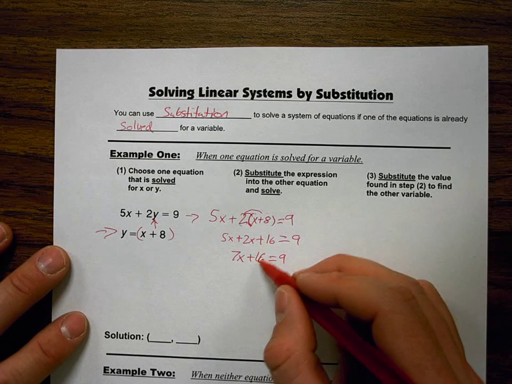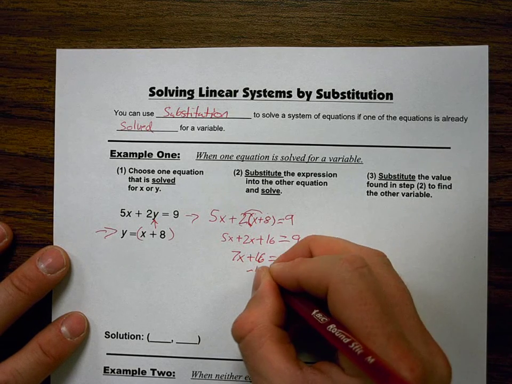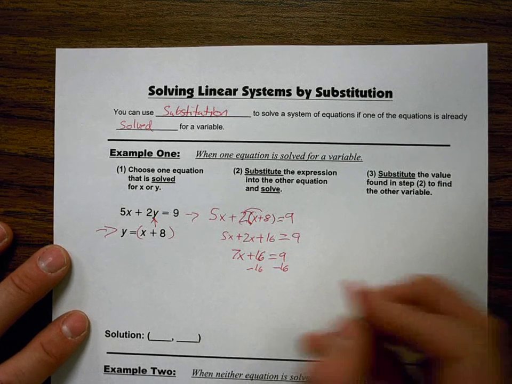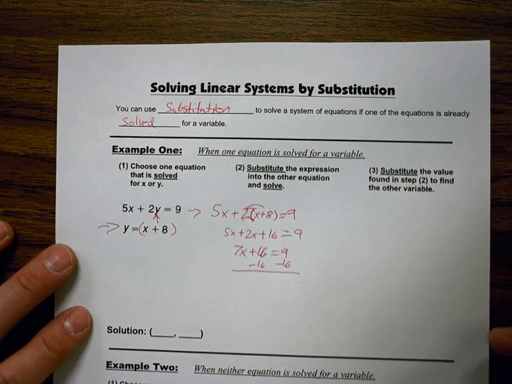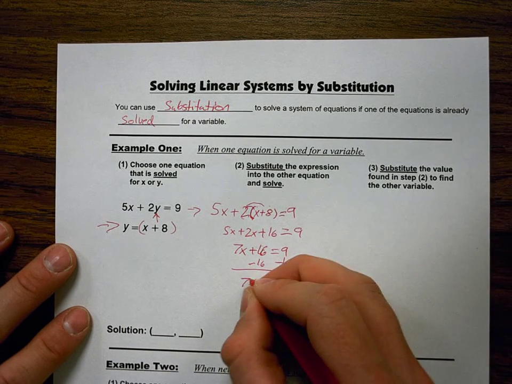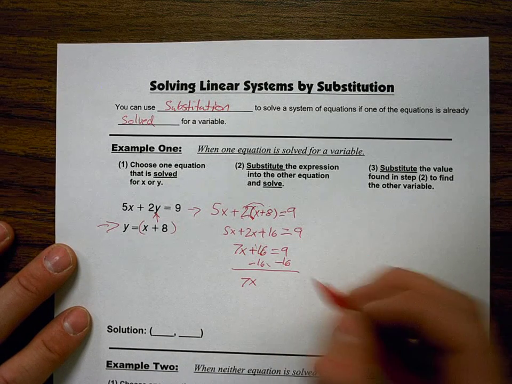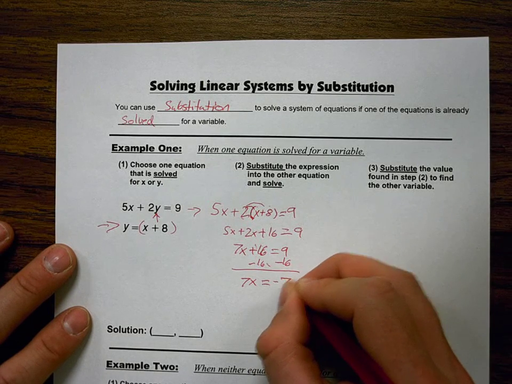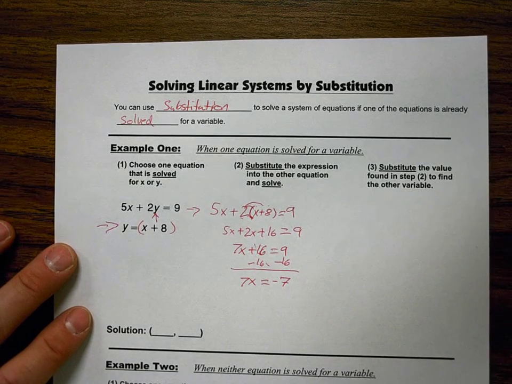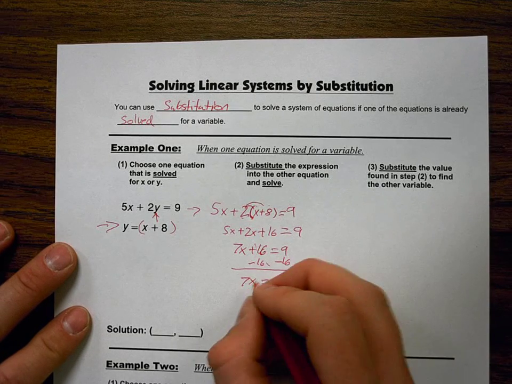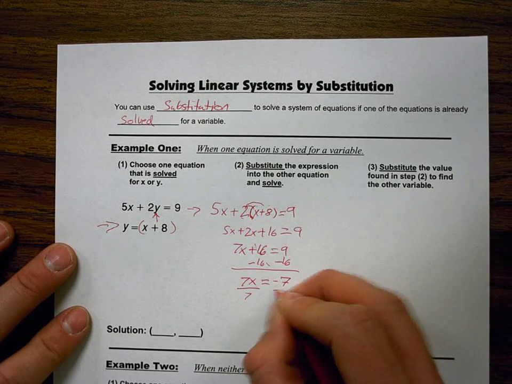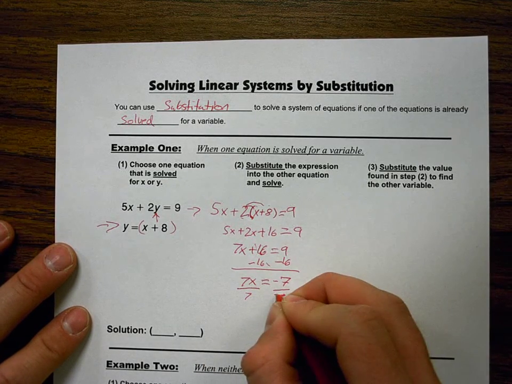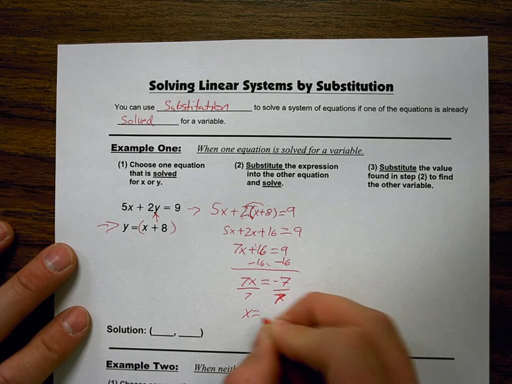Solve for x, so we're going to subtract 16 on both sides. Those cancel. 9 minus 16 is negative 7. Divide by 7 on both sides. X equals negative 1.